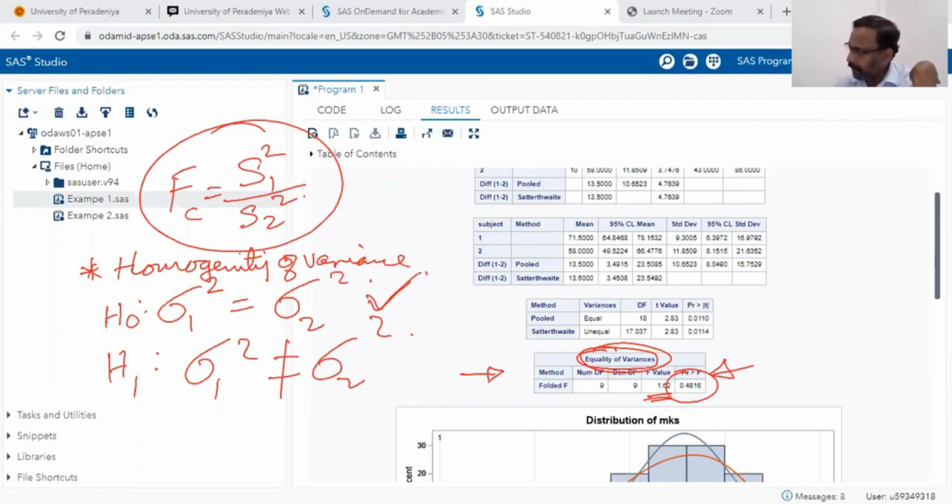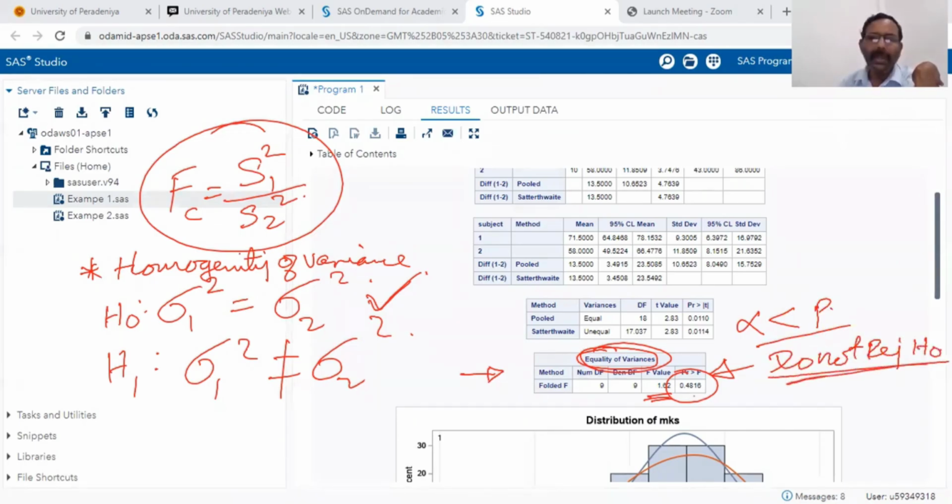So here, the alpha value is much lower than the probability value, so that we do not reject our null hypothesis. So that is my conclusion. Do not reject my null hypothesis. In other terms, we accept our null hypothesis.